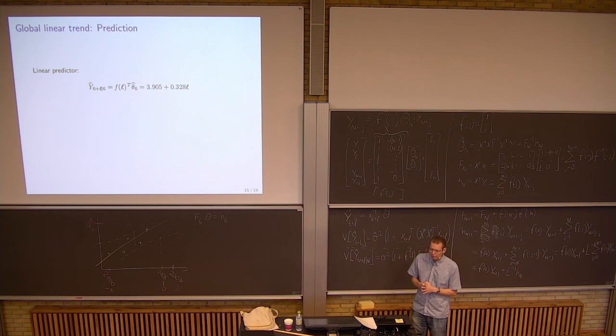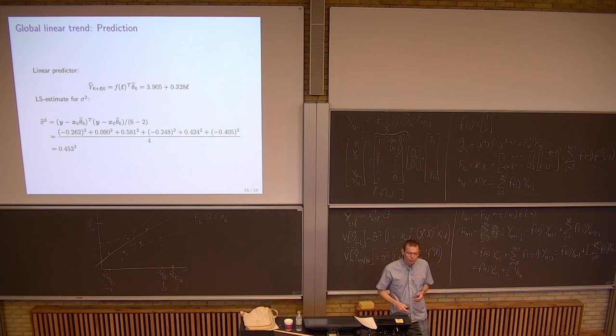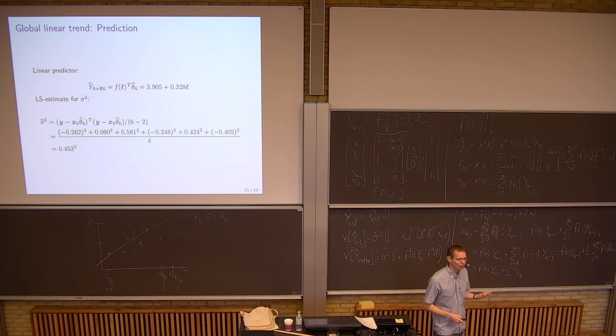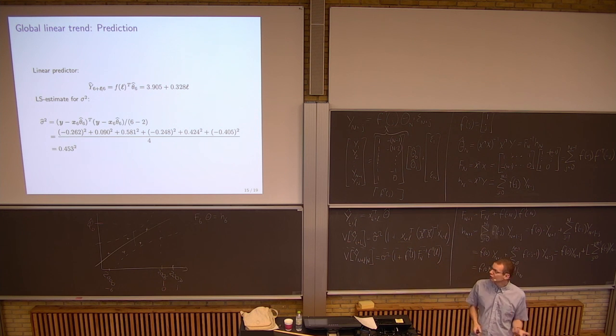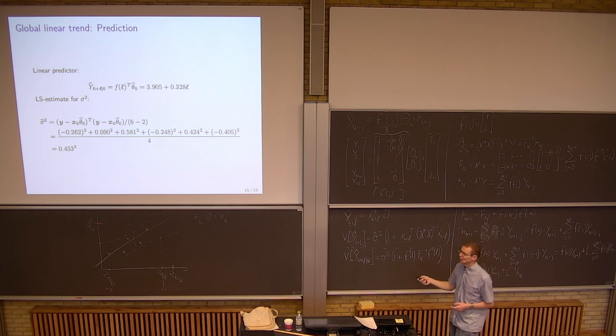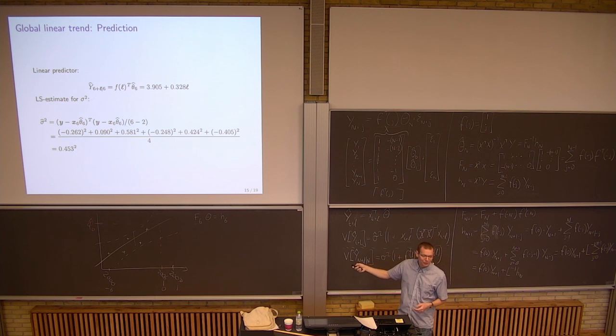Now, as I said, we want to do predictions in this course. And we can formulate the line as such. But what is prediction without an estimate of the variance? First, we need an estimator of sigma square. You would probably not do this by hand, but the value you will probably find the same.